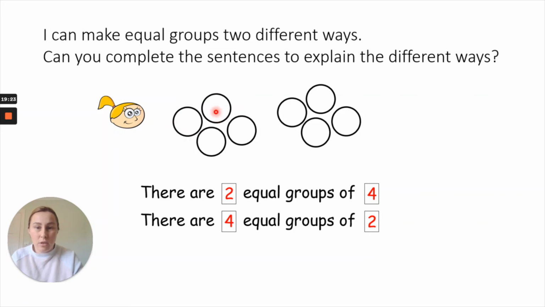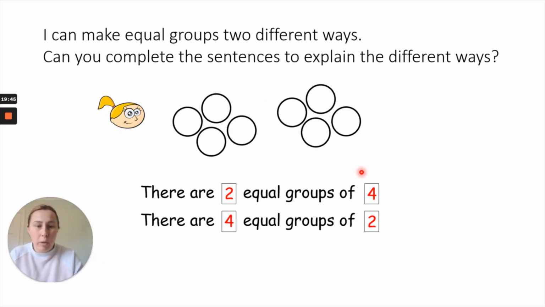So we could chop this group in half and make another 2, and chop this group in half. You can move it around so that they all line up, so that we have 1, 2, 3, 4 groups with 2 in each. Get your objects and have a play around with that one.